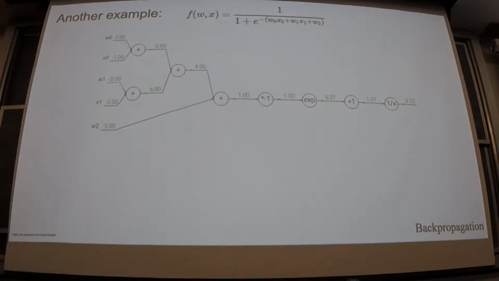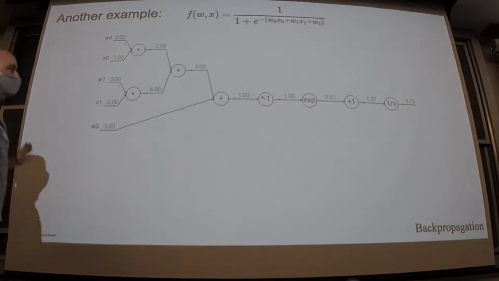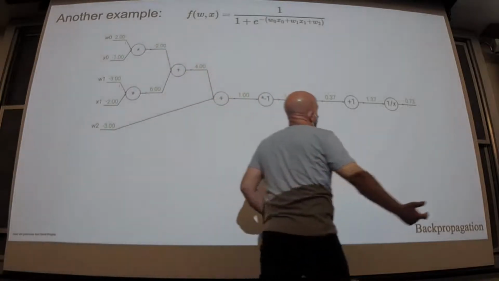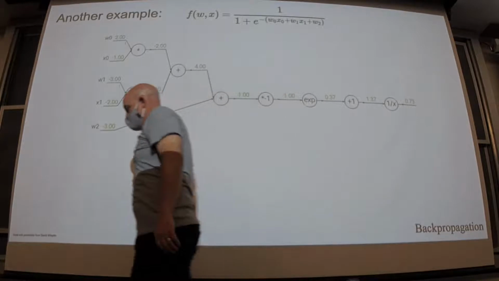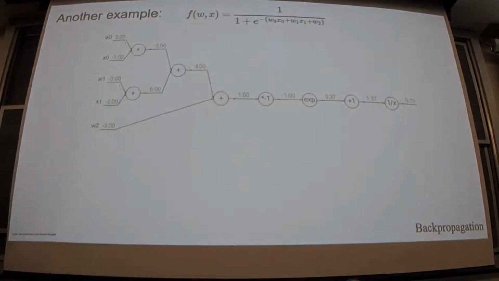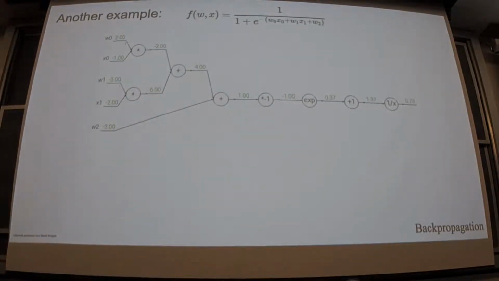So now we're going to do backpropagation with this, okay? We have our forward pass. We now want to backpropagate the signal from the output of that function back through the parameters here.